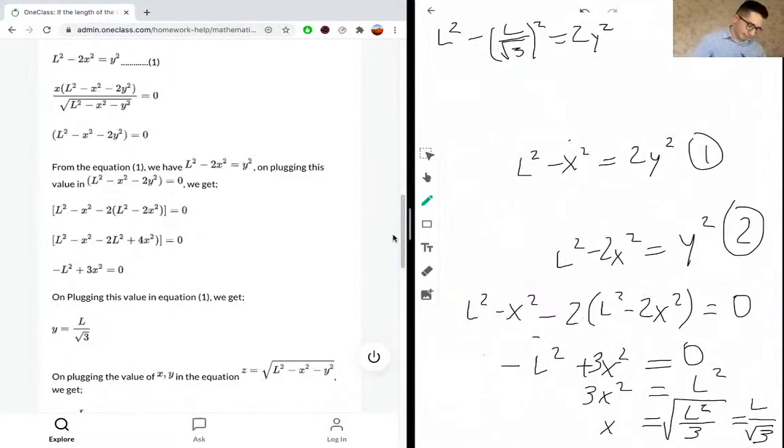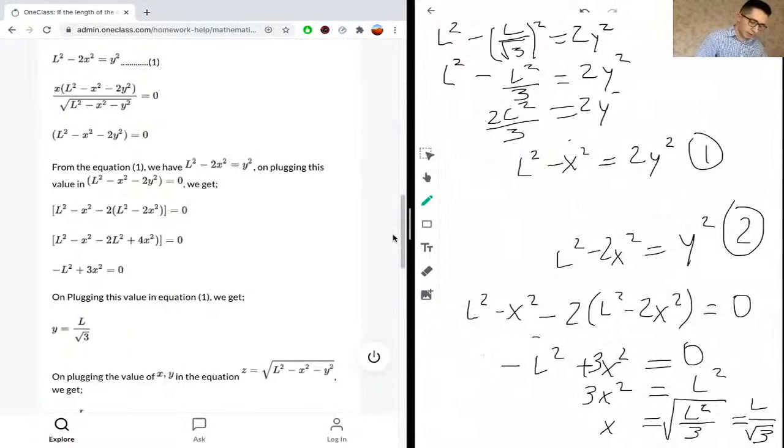And now if we say L squared minus L squared over 3 equal to 2y squared, we'll get 2L squared over 3. So we're taking 1L squared minus a third L squared equals 2y squared.